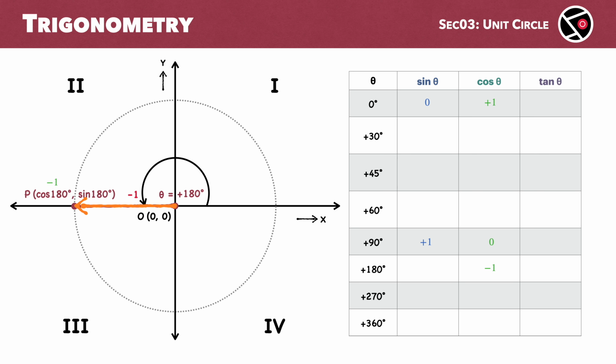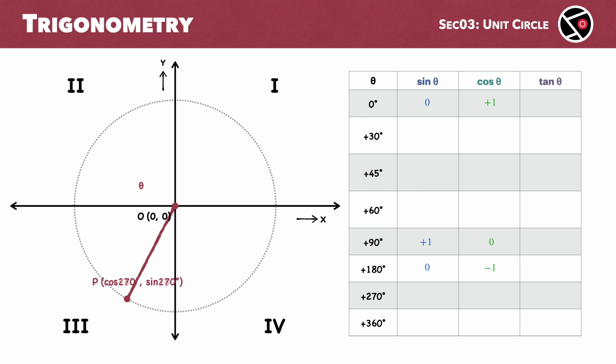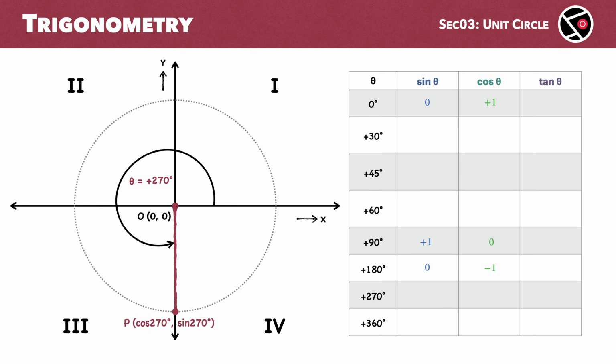So sine of plus 180 degrees equals 0. For theta equal to plus 270 degrees, we are now on the negative y-axis. The y-coordinate is minus 1. So sine of plus 270 degrees equals minus 1. The x-coordinate is 0. So cos plus 270 degrees equals 0.